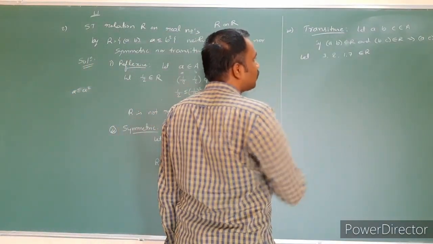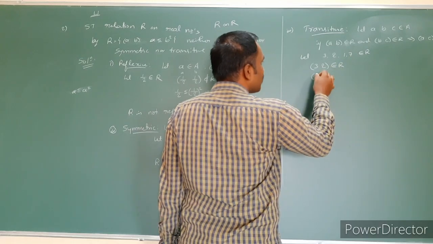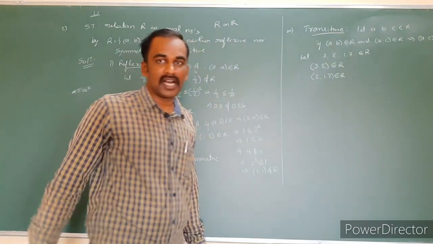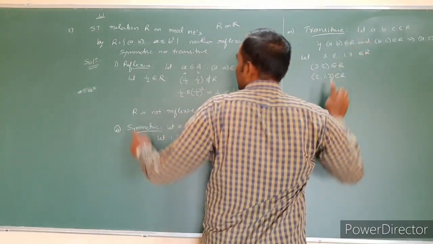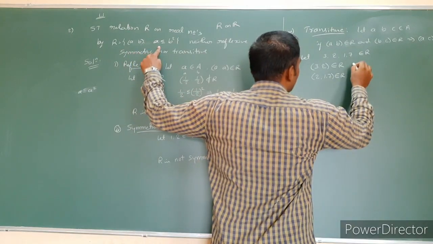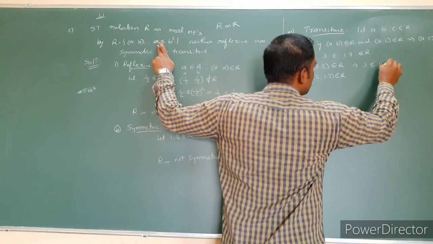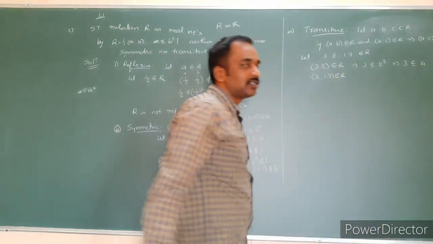Check. Choose the two ordered pairs. (3, 2) belongs to R and (2, 1.7) belongs to the relation R. (3, 2) belonging to the relation R means, according to the definition, a is less than or equal to b squared: 3 is less than or equal to 2 squared, which is 3 is less than or equal to 4.